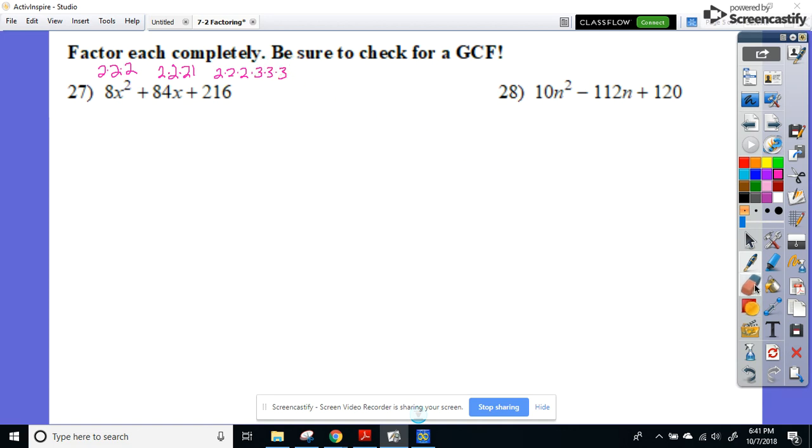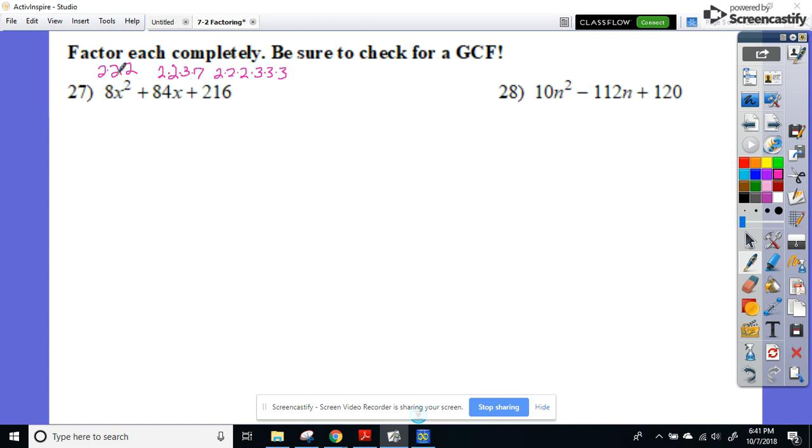Let me go back and fix that. The 21 would be 3 times 7, and this would be 3 times 3 times 3. Okay, so 8 is 2 times 2 times 2. 84 is 2 times 2 times 3 times 7. 216 is 2 times 2 times 2 times 3 times 3 times 3.